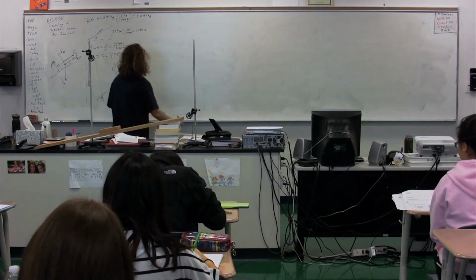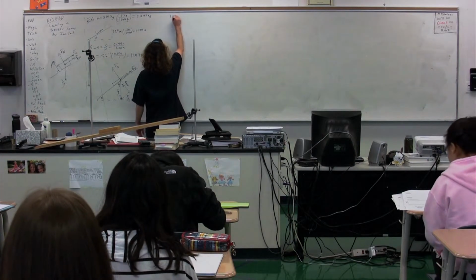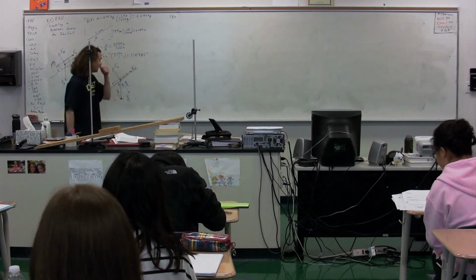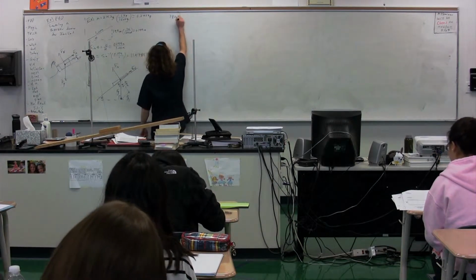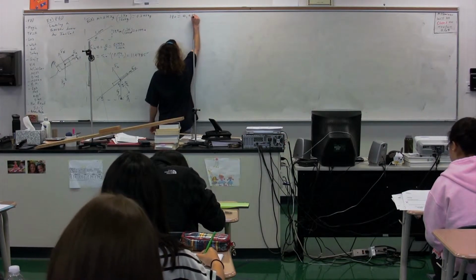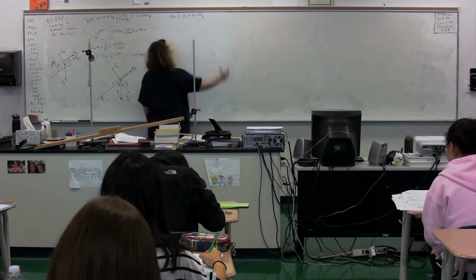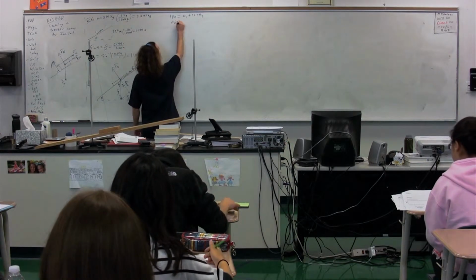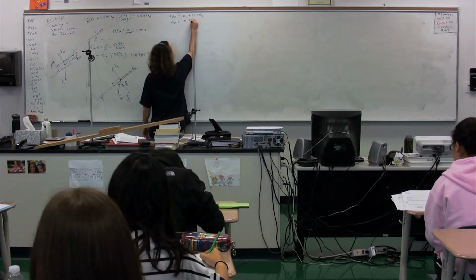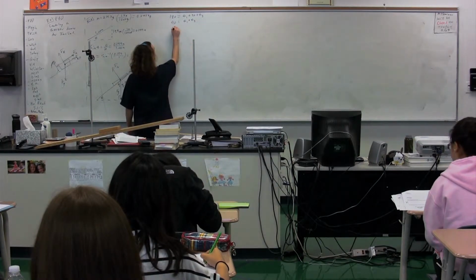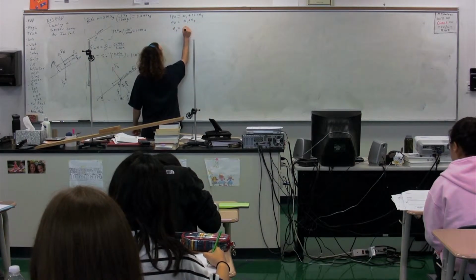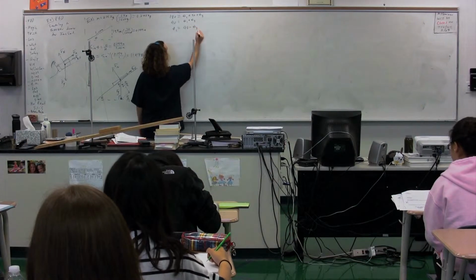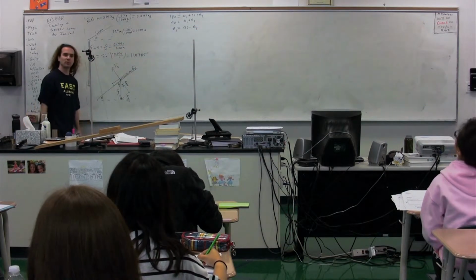If you look at this, we know that the inside angles of a triangle always add up to 180 degrees. So 180 degrees equals theta 1 plus 90 plus theta 3. Therefore, we can subtract 90 from both sides. We get 90 is equal to theta 1 plus theta 3. Therefore, theta 1 is equal to 90 minus theta 3 by just subtracting theta 3 from both sides.